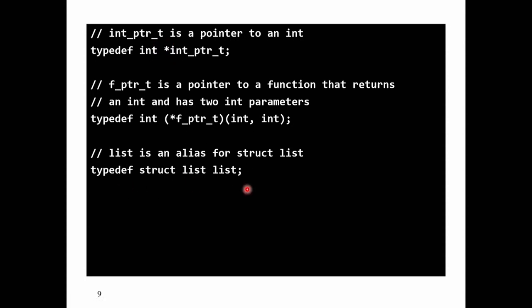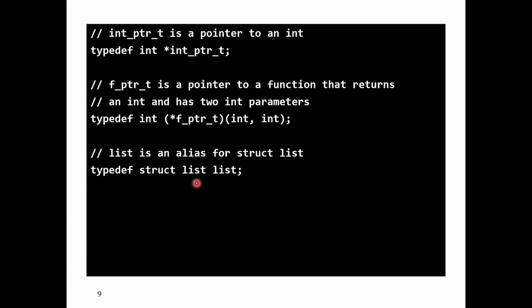The last one is an example of creating an incomplete new type. So the name list is actually a replacement for struct list. We'll see struct shortly. This will actually compile.